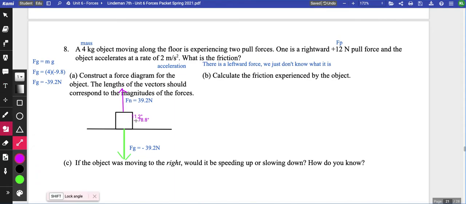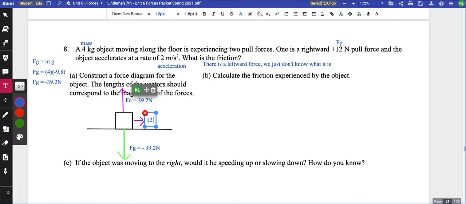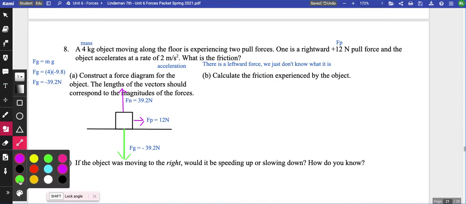And then we have the rightward 12 newton pull force. I'm just making it a little bit shorter. FP is equal to 12 newtons. And I don't know what my friction force is yet. So it says to calculate the friction force. Let's think about this for a second. My FG and my FN cancel out.